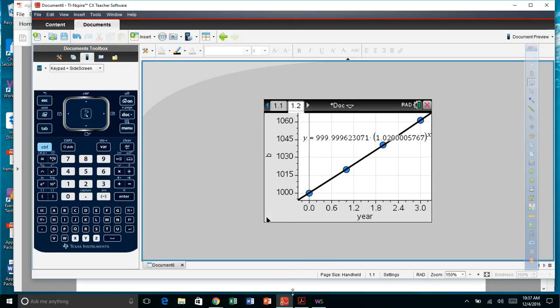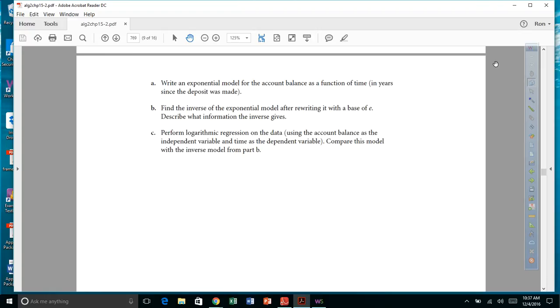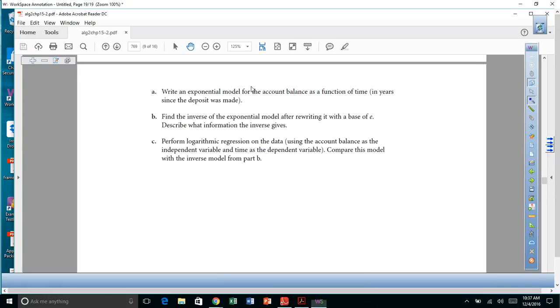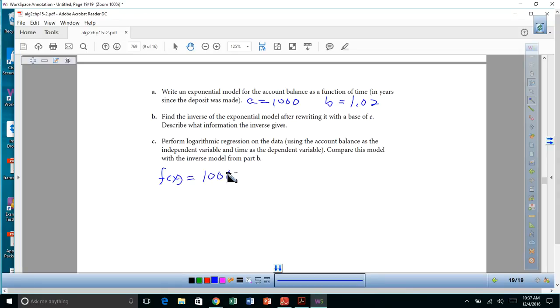Now, if we were doing it by hand, we would know that A, the initial value, was 1,000, and we would know that b is 1.02 because that's what we calculate. So our equation would be f of x equals 1,000 times 1.02 to the t power. That would be our function.